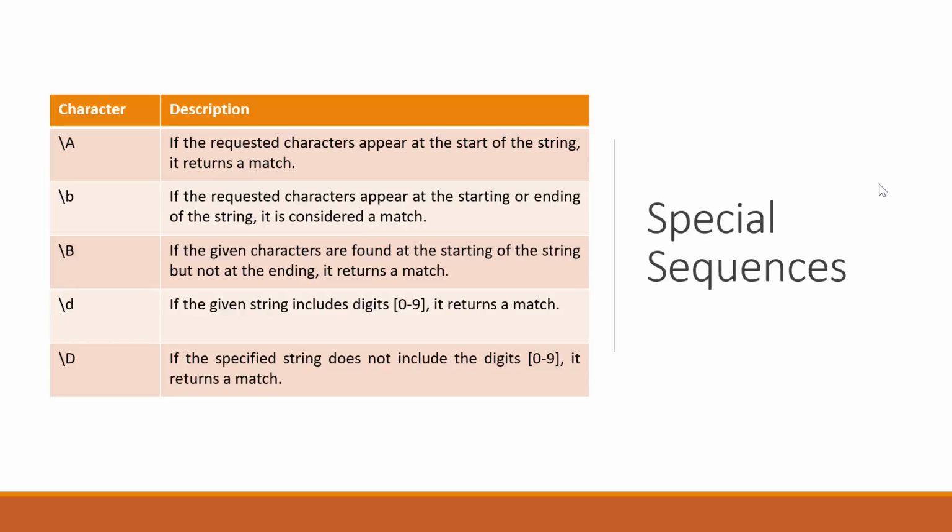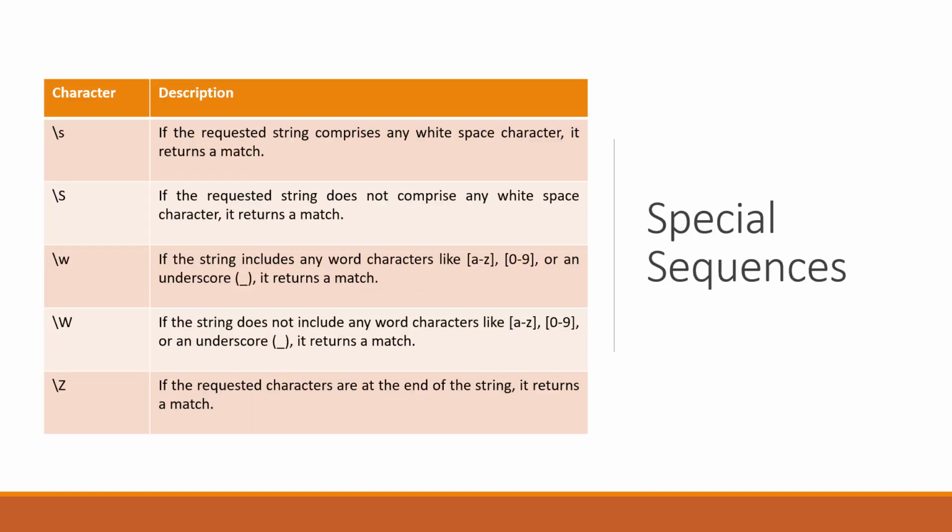Then we can utilize the backslash B, which will check if the requested characters appear in the starting or the ending of the string. In the same way, we can utilize the backslash small d, which will search for all the digits starting from 0 to 9, and backslash capital D is utilized to exclude the digits from the search. Then we have this backslash small s, which is utilized to check if a string comprises any white space.